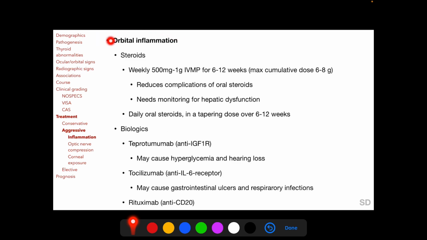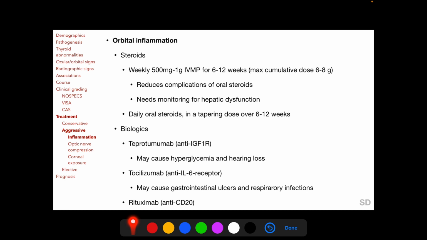Orbital inflammation of thyroid eye disease is primarily treated with steroids and/or biologics. But some patients of orbital inflammation may need orbital radiation therapy or orbital decompression surgery, and we must not confuse between orbital radiation therapy for orbitopathy and radioactive iodine therapy for hyperthyroidism per se.